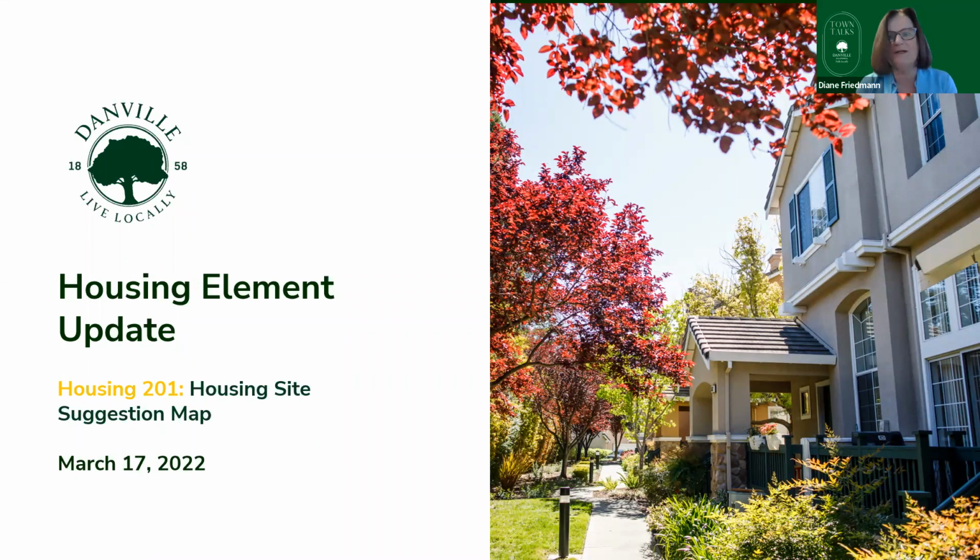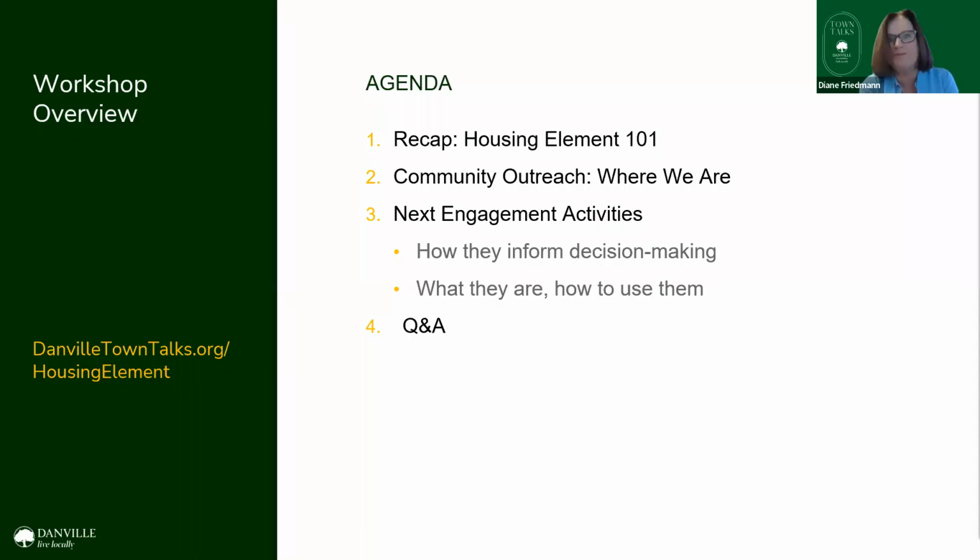We are in phase 2 of our outreach program regarding the housing element update process. We're going to go over a few things tonight, give you an overview. We started this process last March. Tonight we're going to recap what we started last year with the Housing Element 101 sessions. We are going to talk about our community outreach program, where we are.